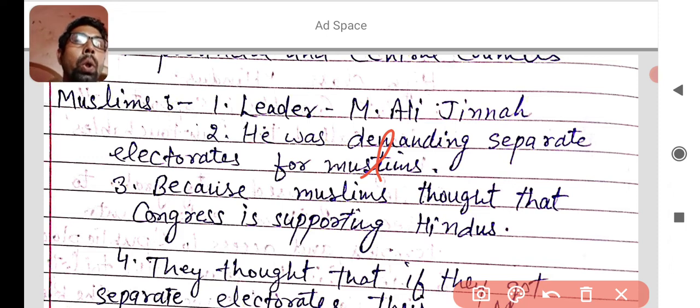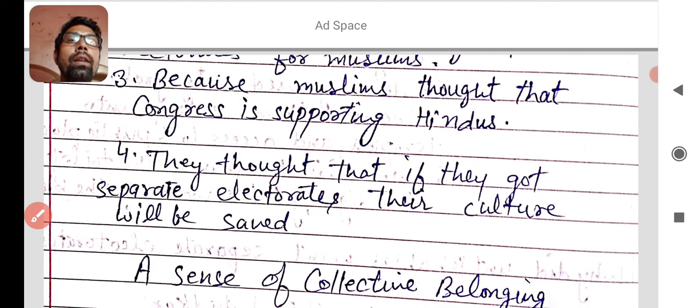And they also thought that if they got separate electorates, their culture will be saved. Because they were in minority in India, and they thought that if they got reserved seats or separate electorates, their culture will be saved in India. That's why Muhammad Ali Jinnah and Muslims were demanding separate electorates.